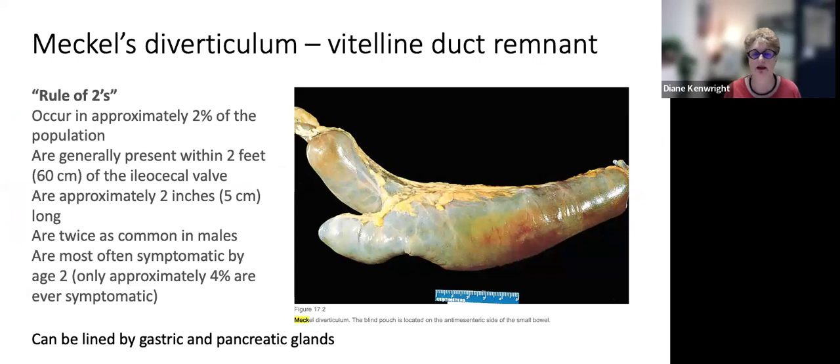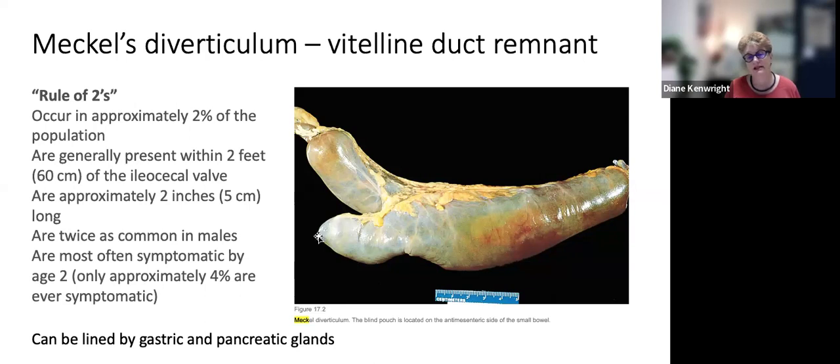Now let's think about Meckel's diverticulum. This is the small bowel, and this little blunt pouch here is the Meckel's diverticulum, occurring in 2% of the population within 2 feet of the ileocecal valve, approximately 2 inches long. The rule of twos. Often symptomatic by the age of 2, but most of them are non-symptomatic.